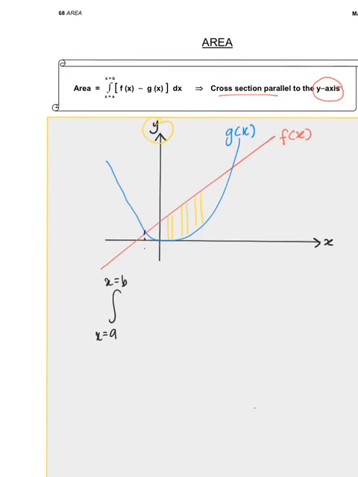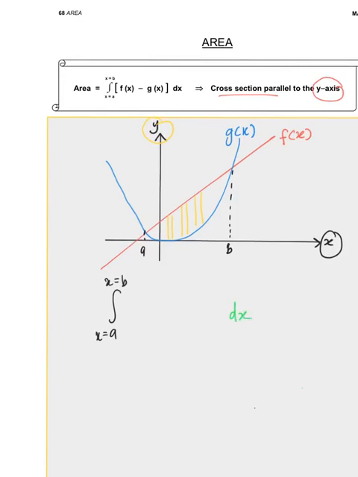Let's say this is your A and this is your B. Finding the area for this, you need to consider the integration from A to B. For the two functions given, you need to identify the upper and also the lower function from the graph. Since the cross-section is parallel to the y-axis, we are going to integrate with respect to x.